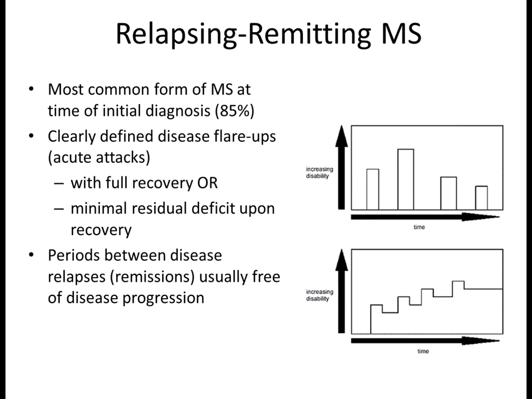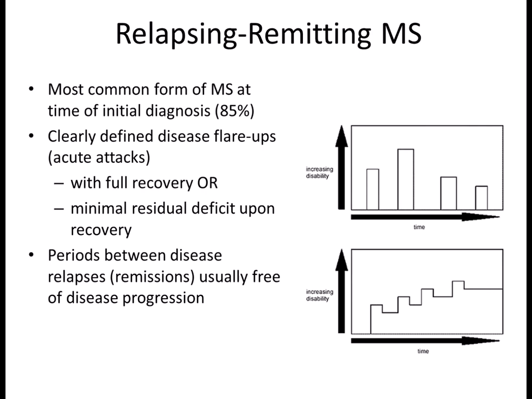Okay, the next is relapsing remitting MS. Okay, this is the most common form at time of diagnosis, where approximately 85% of patients are in relapsing remitting MS when they're first diagnosed. Here, there's clearly defined attacks with full recovery between attacks or minimal residual deficit after the recovery.